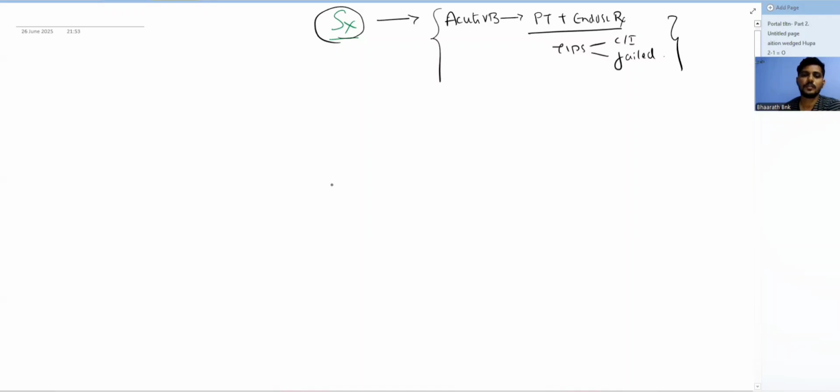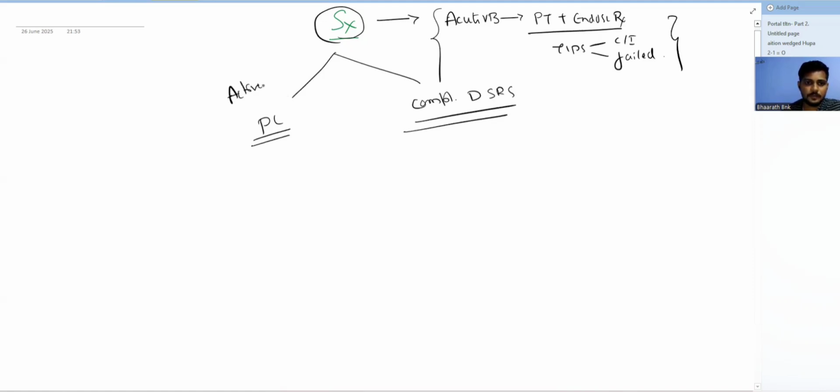Right? So surgery can be a portocaval shunting, or it could be a complex shunt like distal splenorenal shunt. So if the patient is actively bleeding at the time of surgery, you go with a portocaval shunting.